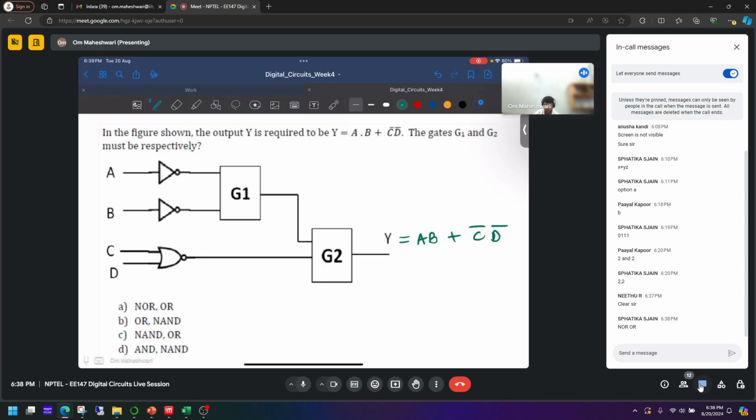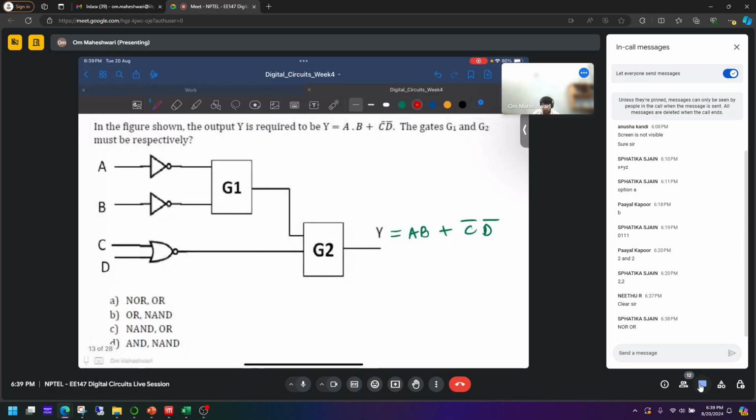Yeah. So let us see this. This is an OR gate. You have here A bar, B bar. Here you have C plus D whole bar, which is effectively equal to C bar dot D bar. Right? So this one component you already have here. So this gate must be an OR gate. Right?